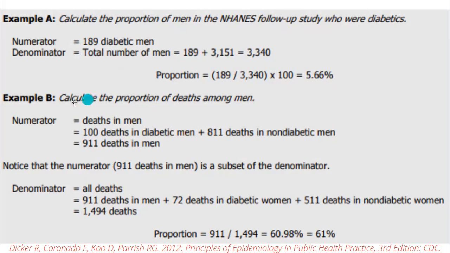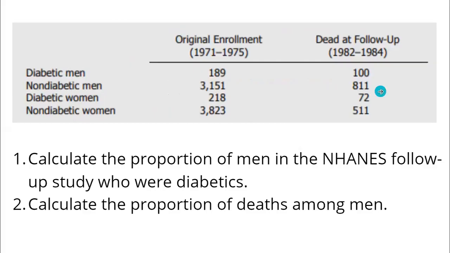And then our second task is to calculate the proportion of deaths among men. So calculate the number of deaths among men. Going back to the table, the number of diabetic men who died in the study was 100.